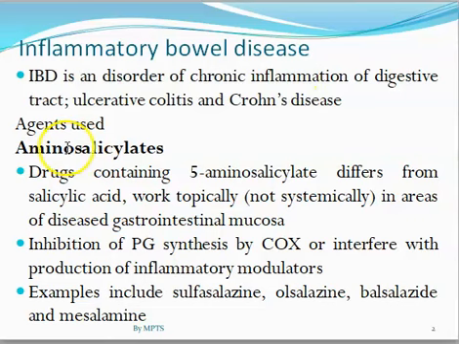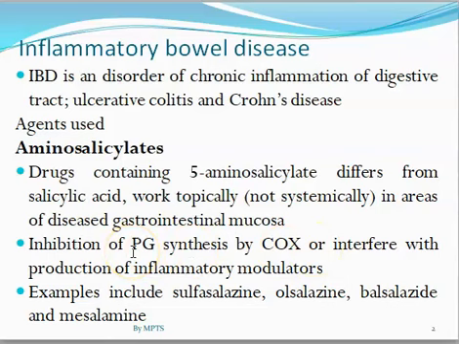We have the aminosalicylates, drugs containing 5-aminosalicylates. They differ from salicylic acid, but of course it is almost the same. They work topically within the GI. They are not absorbed. They work topically, hence they are effective in ulcerative colitis and Crohn's disease. They can also inhibit prostaglandin synthesis by COX, and interfere in the production of inflammatory modulators.